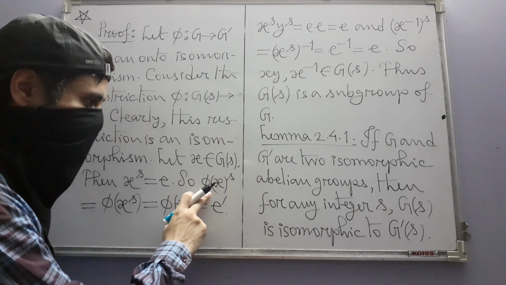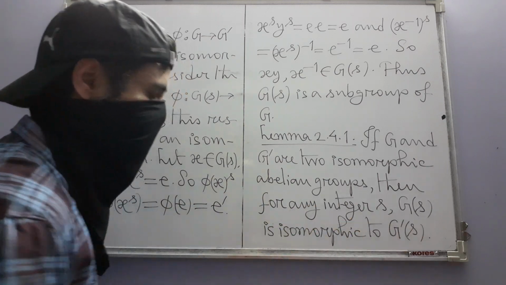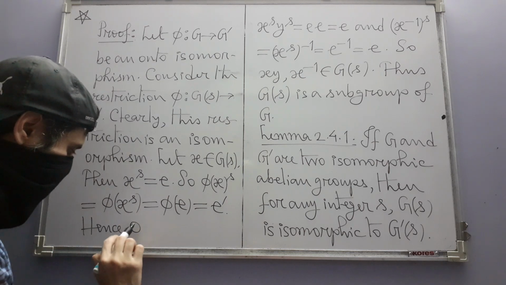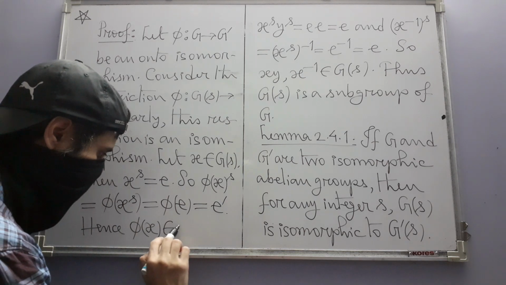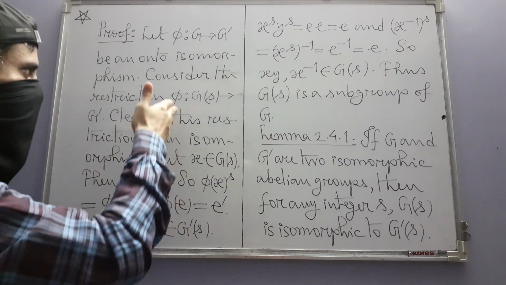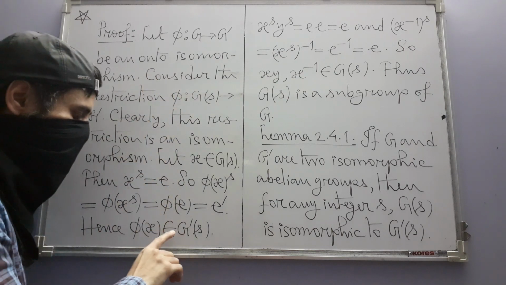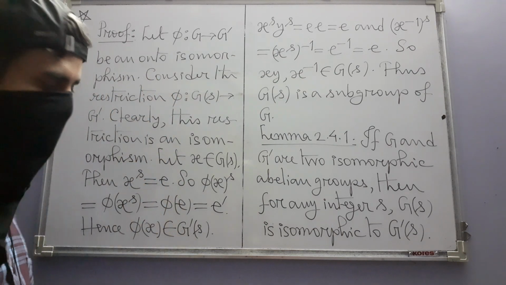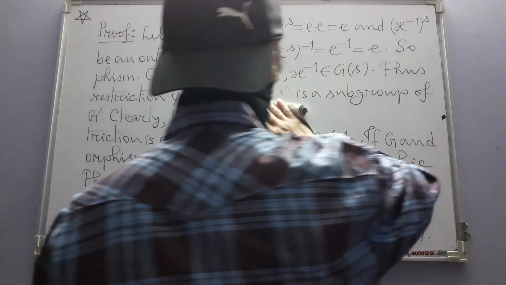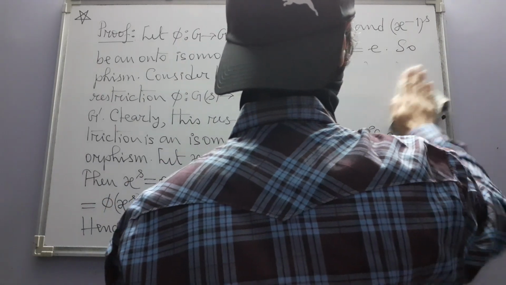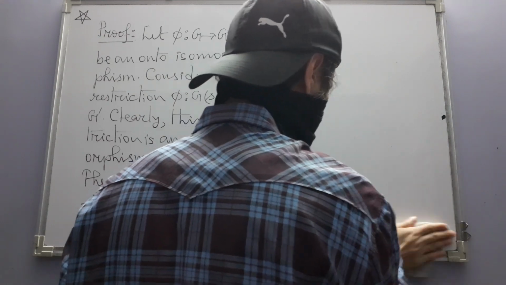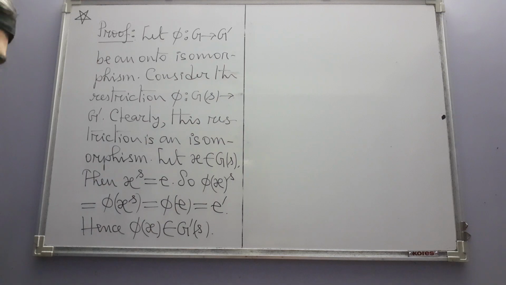So phi of x has the requisite properties to be in G prime of S. Hence, phi of x belongs to G prime of S. So the range of phi is a subset of G prime of S. We want to show that actually it's equal to G prime of S. So now we have to prove the reverse inclusion.